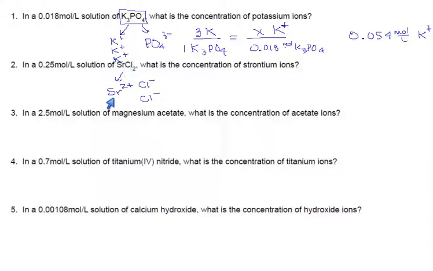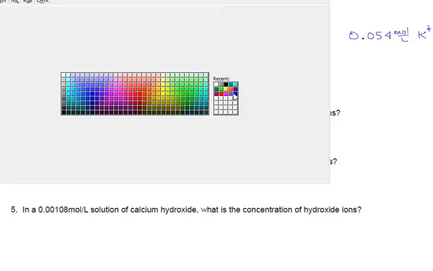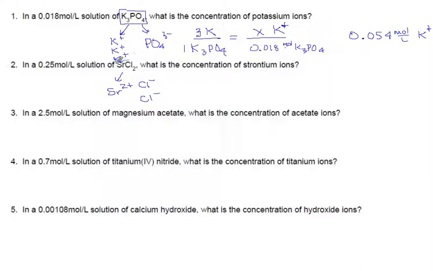This one's going to be a little dull. They're asking about, starting from strontium chloride, how much strontium do we get? And the answer is, for every 1 strontium chloride, you get a single one of these. So in other words, the numbers are going to be identical.